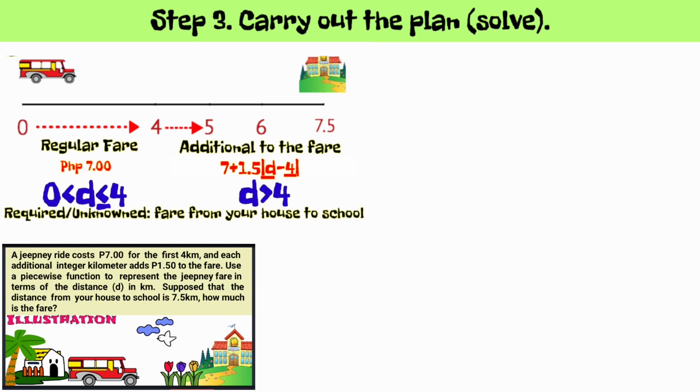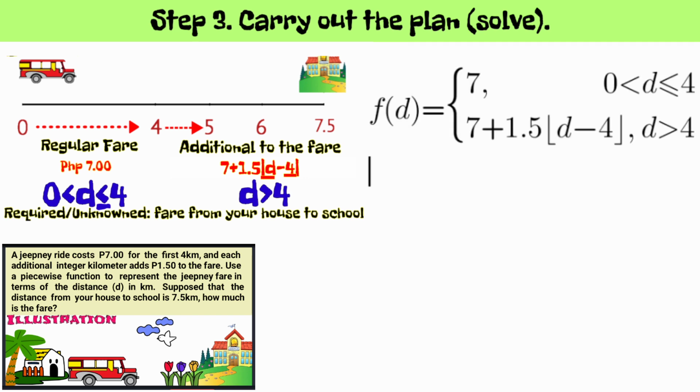Step number 3. Carry out the plan. So let us solve. Since in the problem the distance from your house to school is 7.5 kilometers, and 7.5 kilometers is greater than 4 kilometers, or beyond 4 kilometers, we are going to use the equation f of d is equal to 7 plus 1.5 times the floor of d minus 4.